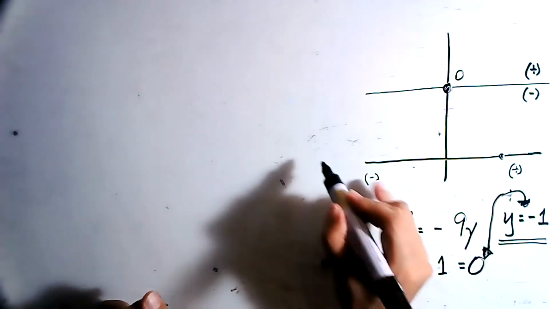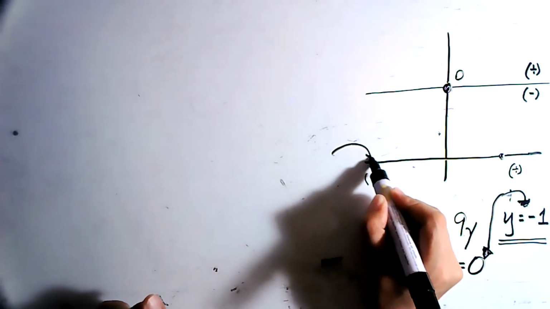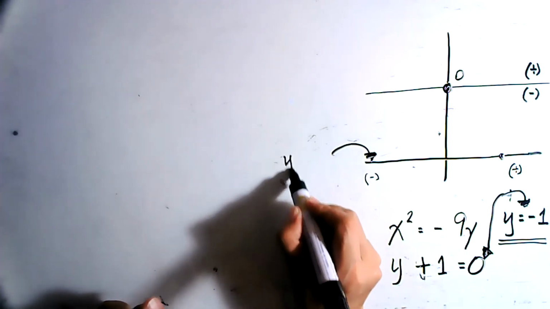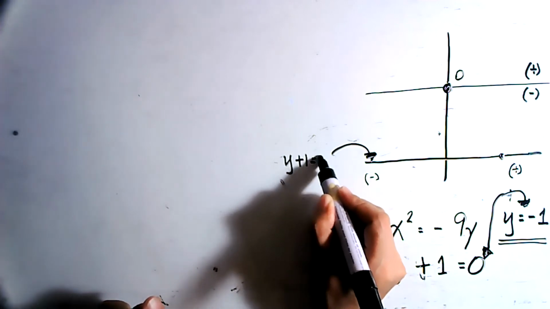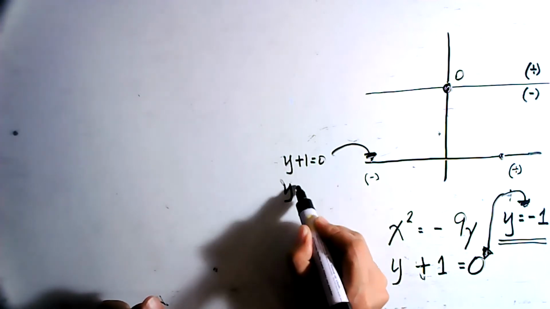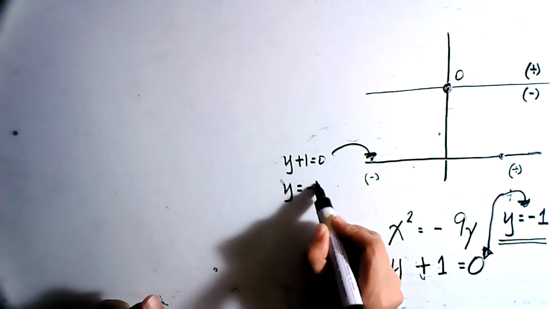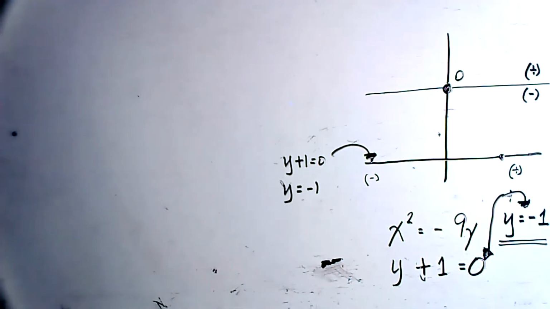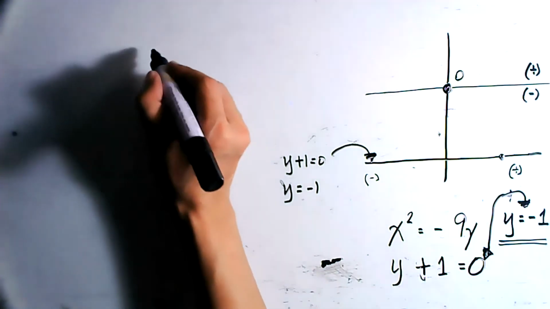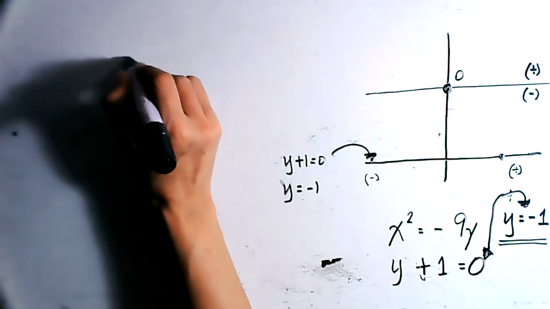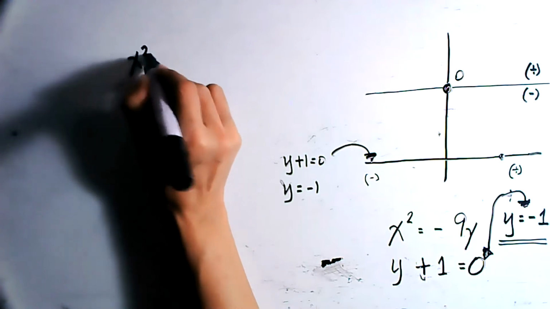If you are going to draw and express the line here, this will be y plus 1 equals 0, or simply put, y equals negative 1. And then from x squared, take note that you have x squared equals negative 9y.